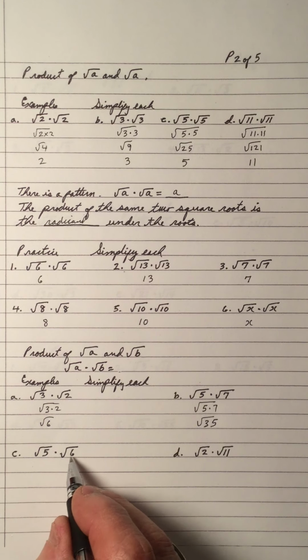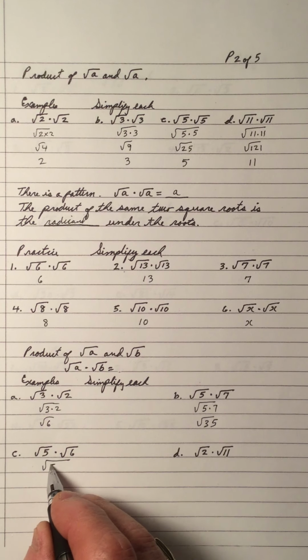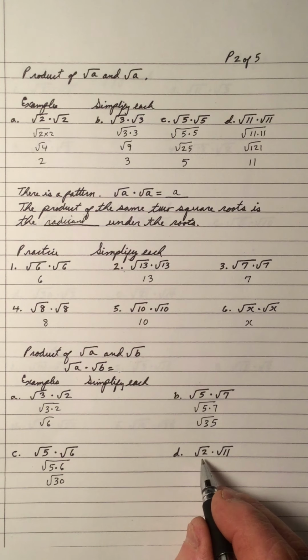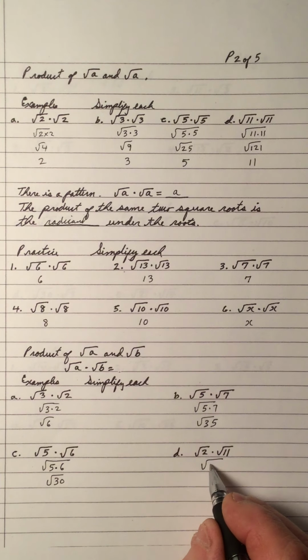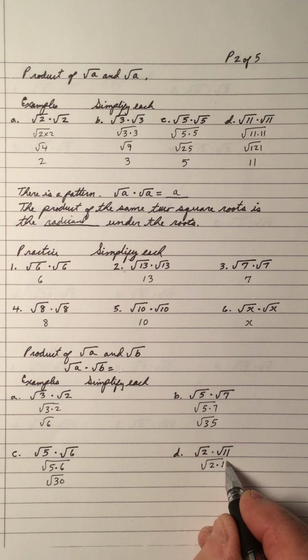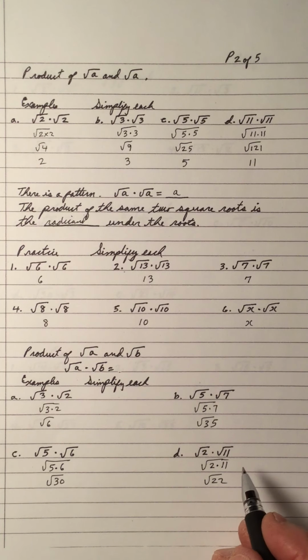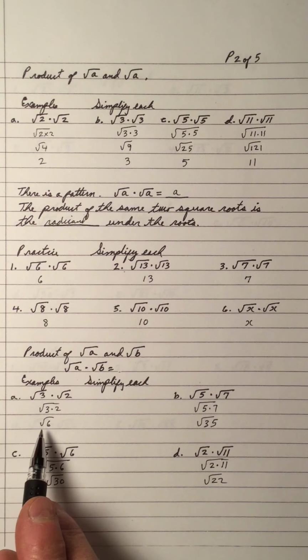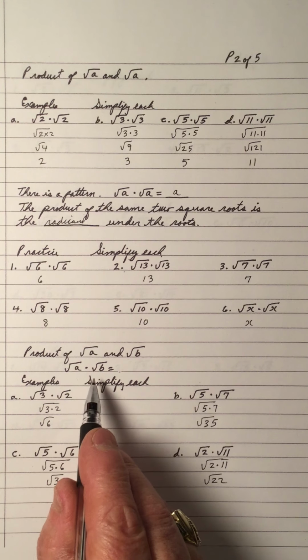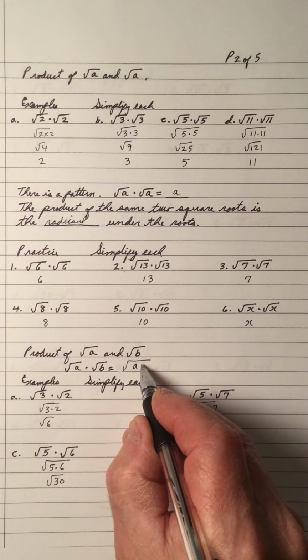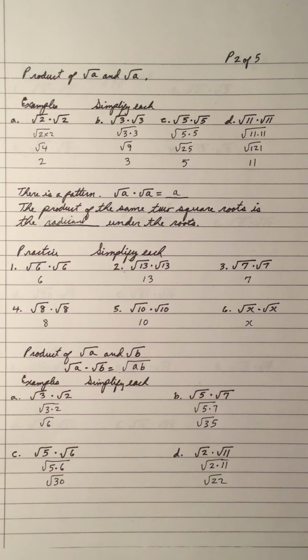Root 5 times root 6 is the root of 5 times 6, the root of 30. Root 2 times root 11 is the root of 2 times 11, which is the root of 22. So as you can see, the root of A times the root of B is the square root of A times B.